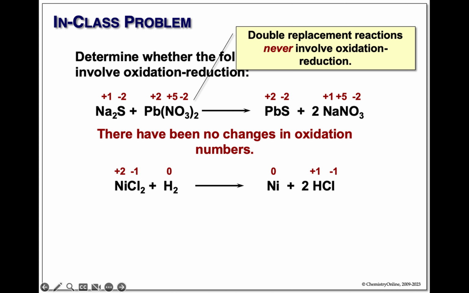Have oxidation numbers changed? Absolutely. Hydrogen went from 0 to +1. Nickel from +2 to 0. Who has lost electrons? Who went from 0 to +1? It's our hydrogen.